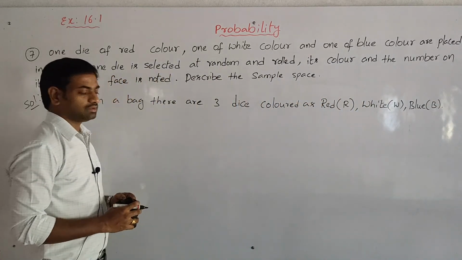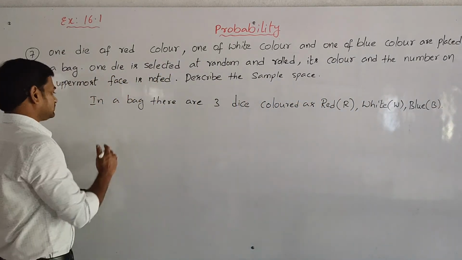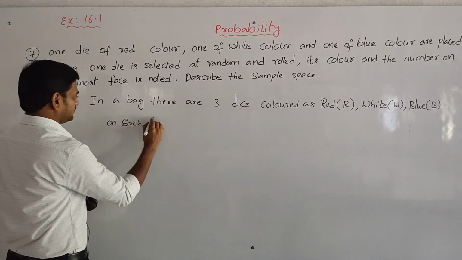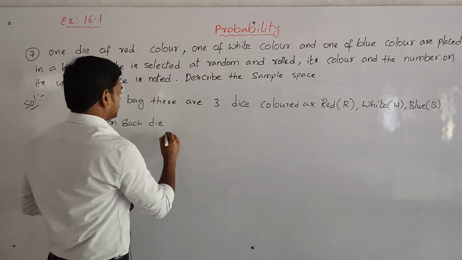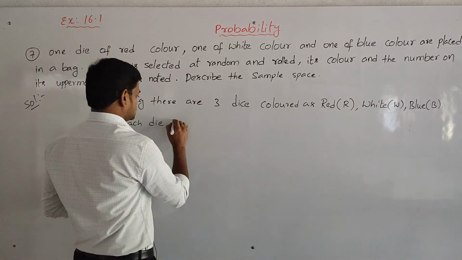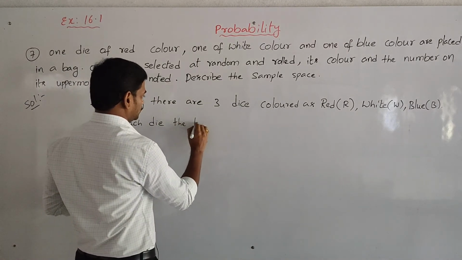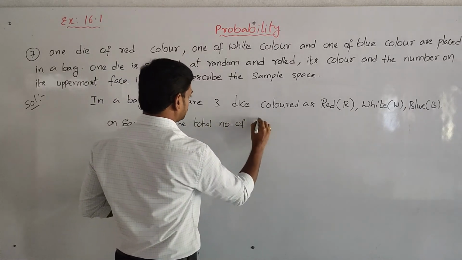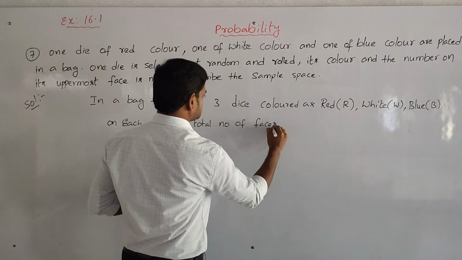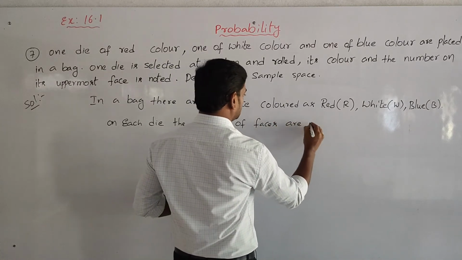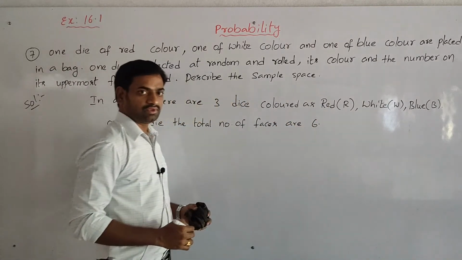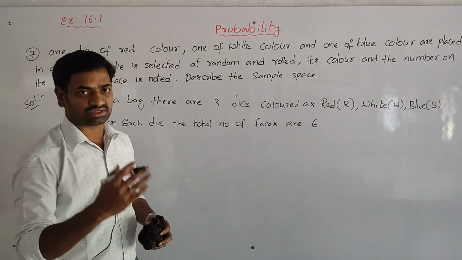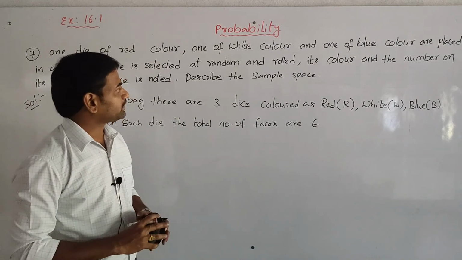Now on each die, the total number of faces are 6. So numbered as 1, 2, 3, 4, 5, 6. All of you know that one.